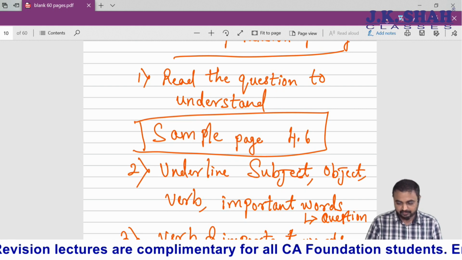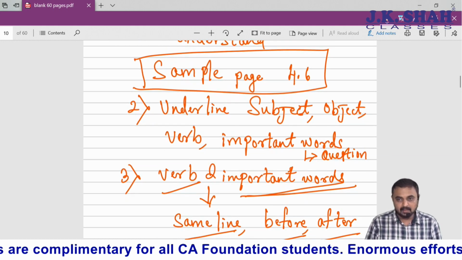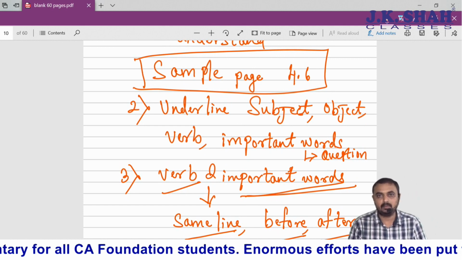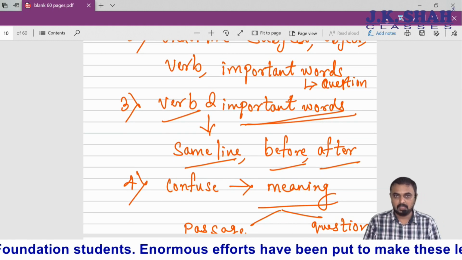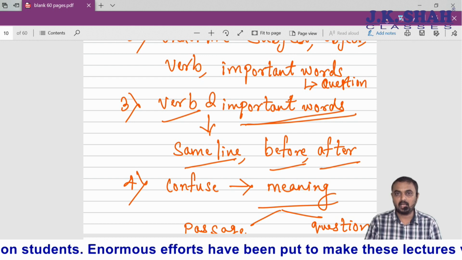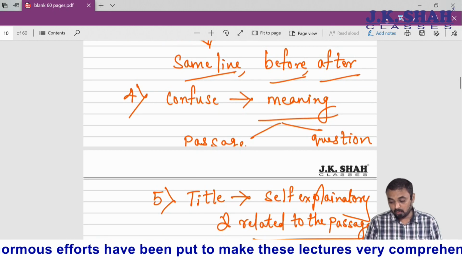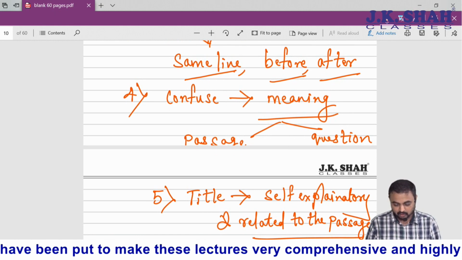If we revise it, first, reading of the question to understand and analyzing the question. Second one is to underline the subject, the object, the verb and the important word. Third one, wherever you find the verb and the important word, that means in a particular line, the answer is in the same line, one line before it or one line after it. To confuse you in the comprehension passage questions, they may take the help of synonyms or meanings.